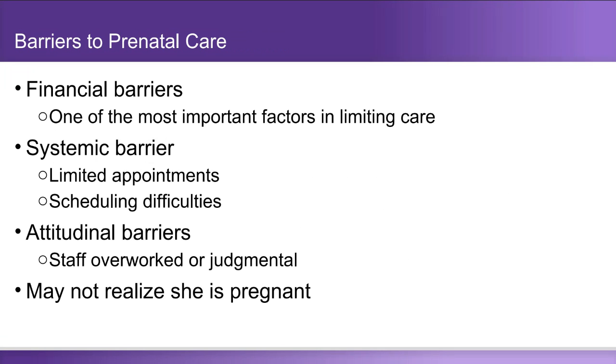And just quickly, a couple more things. Barriers to prenatal care. A woman's access to prenatal care, unfortunately, in the United States can be limited by financial barriers, systematic barriers, or sometimes even attitudinal barriers. Financial barriers can be one of the most important factors in limiting prenatal care.